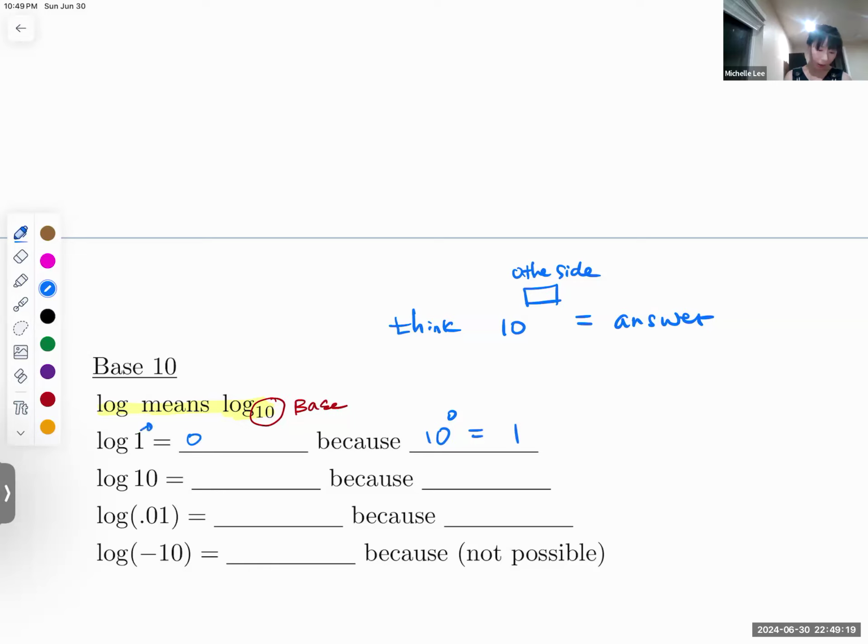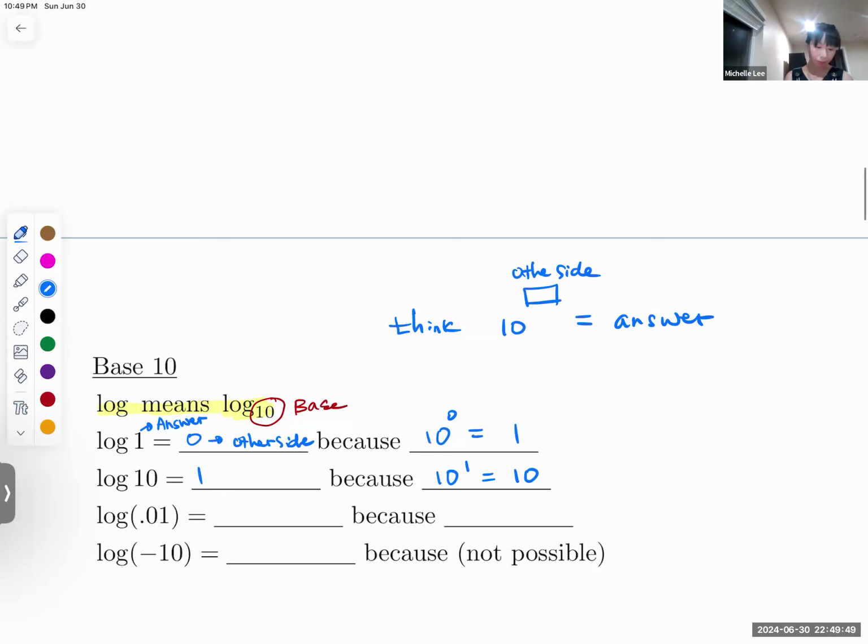So this is the answer, and this is the power. Okay, so we have log 10. That means the blank is 1 because 10 to the power 1 equals 10. That's the answer, right?